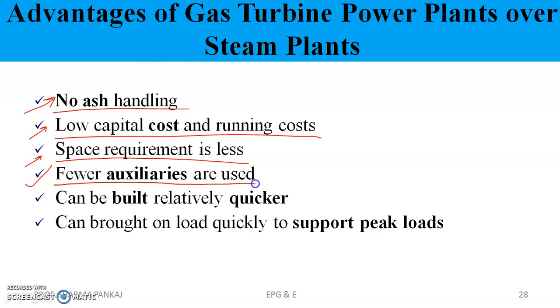The number of auxiliaries used in gas turbine power plants as compared to steam power plants is very much fewer. The time required to build a gas turbine power plant in comparison to a steam power plant is less. That is, it can be built relatively quicker.